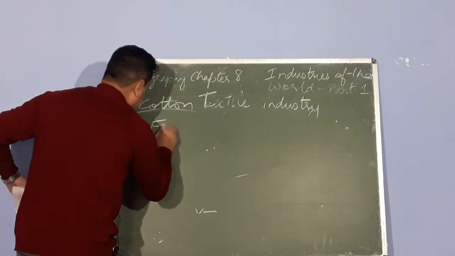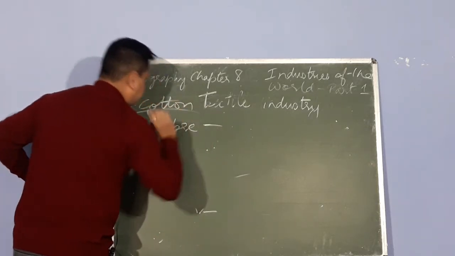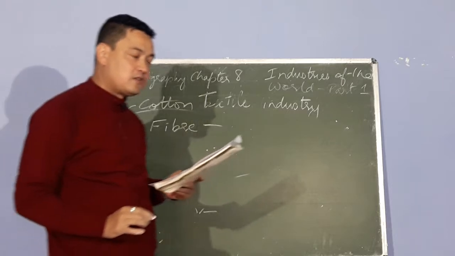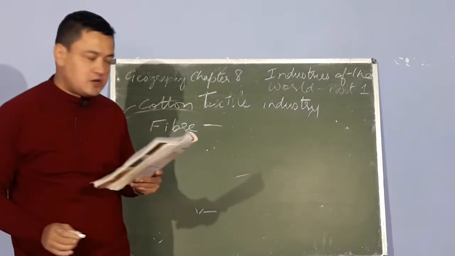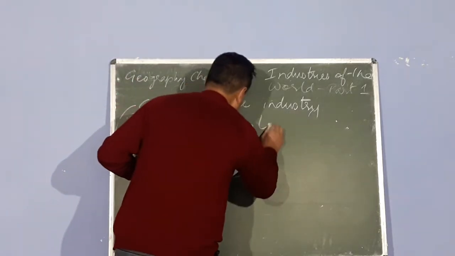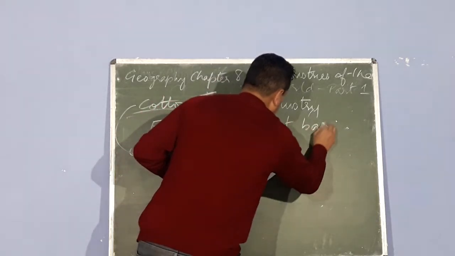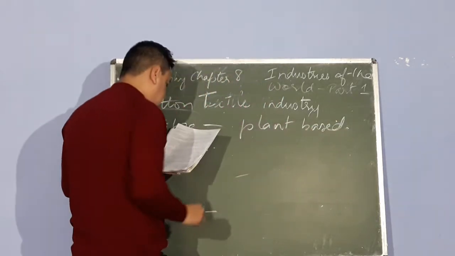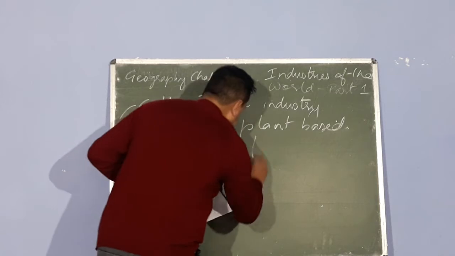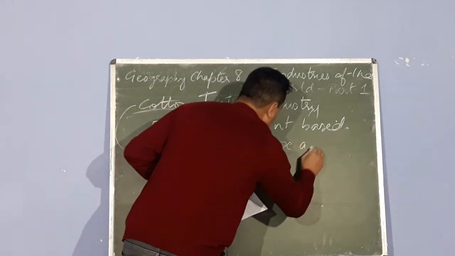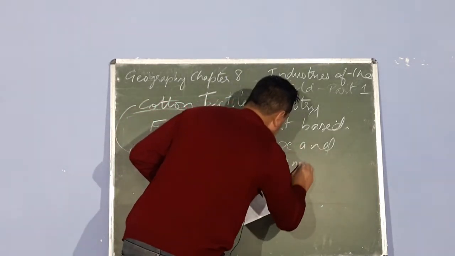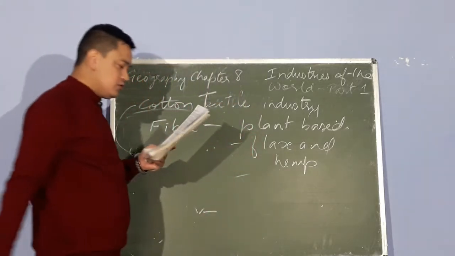So there is a fibre or a yarn of cotton for making cloth. There are different kinds of fibres. One is plant-based fibres, and they are basically cotton, jute, flax, F-L-A-X, and hemp, H-E-M-P. Cotton you know, jute you know.